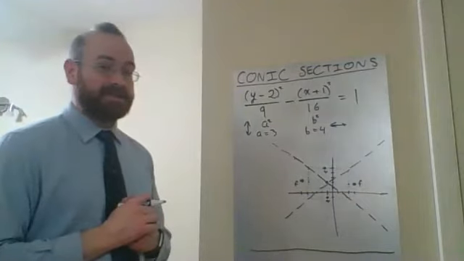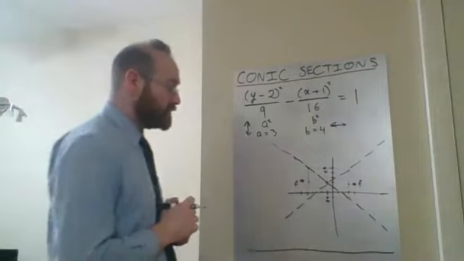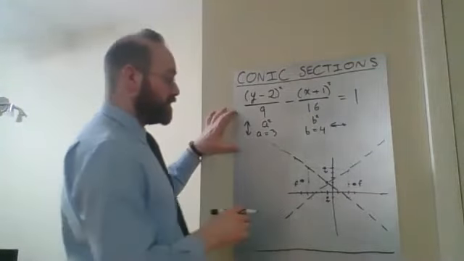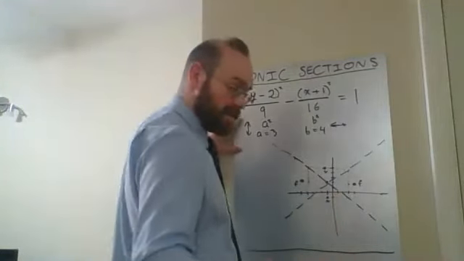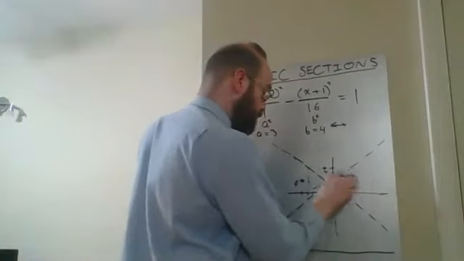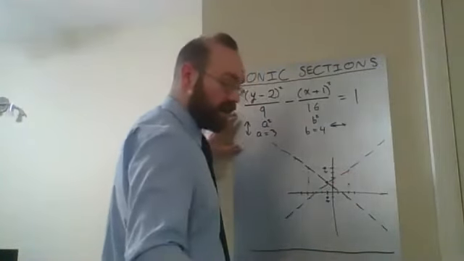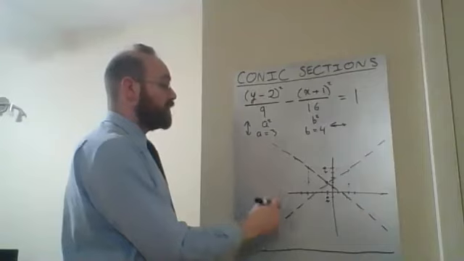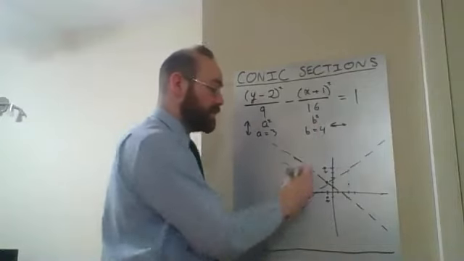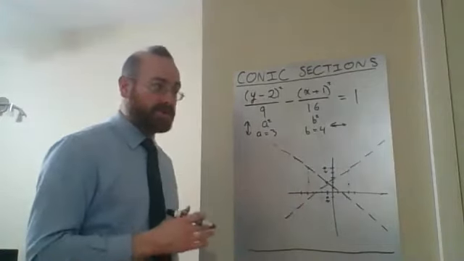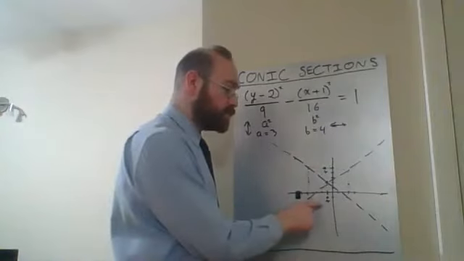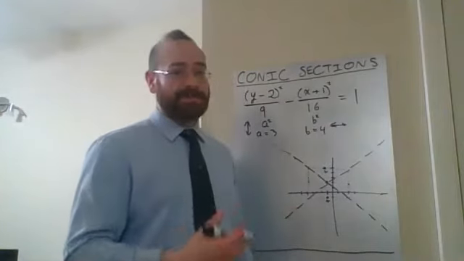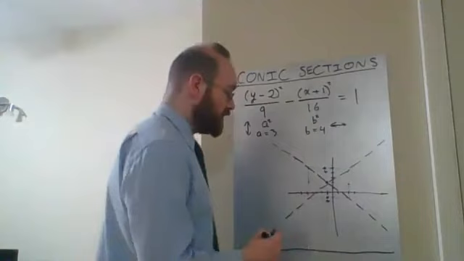Just noticed another mistake. Our foci should have gone up and down because our transverse axis goes up and down. This is a good reason why not only is it important to label your points, but to pay attention to those labels.